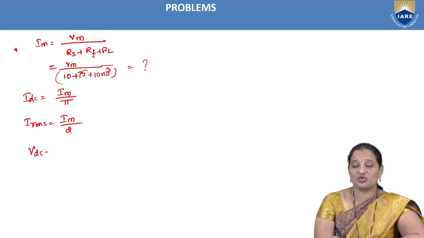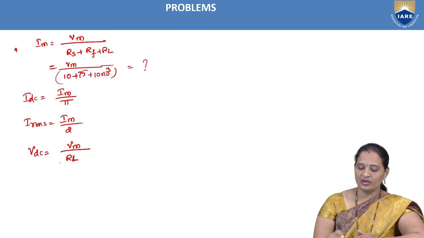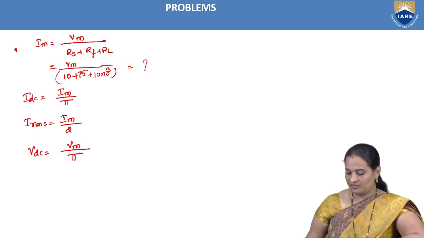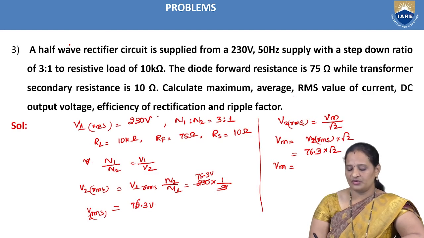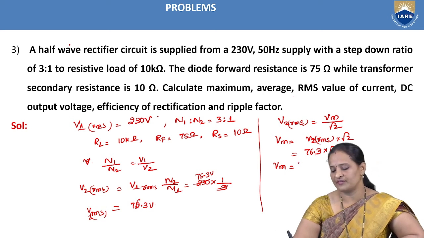So the DC output voltage is given by VDC, where VDC is equal to Vm divided by pi, where we can calculate the Vm value, which is given by 76.3 into root 2.